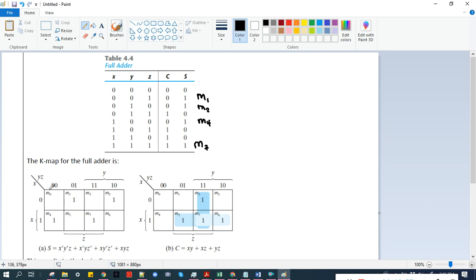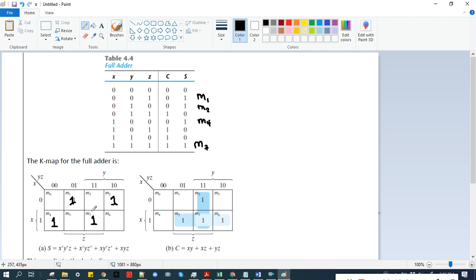Recall that for a 3-variable K-map, the ordering is min terms 0, 1, 2, 3, then 4, 5, 6, 7. And then we write 1 to min term 1, 1 to min term 2, 1 to min term 4, and 1 to min term 7.